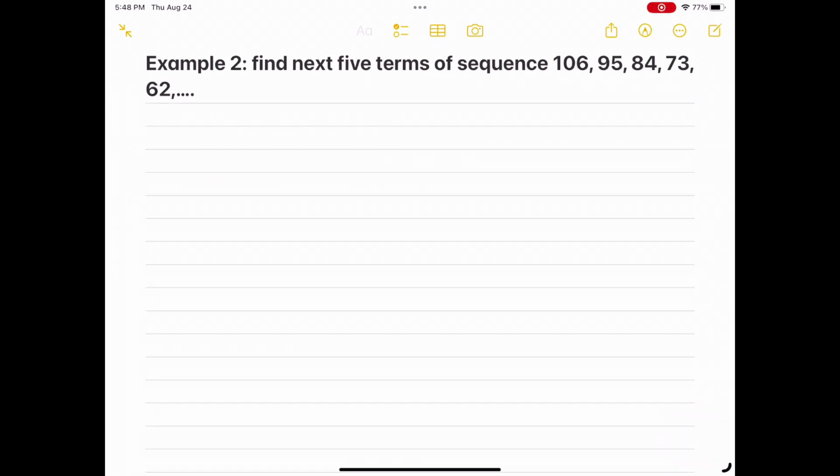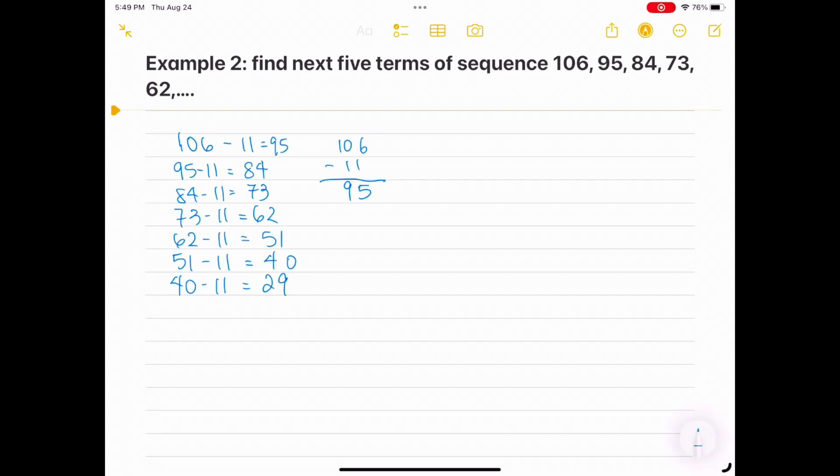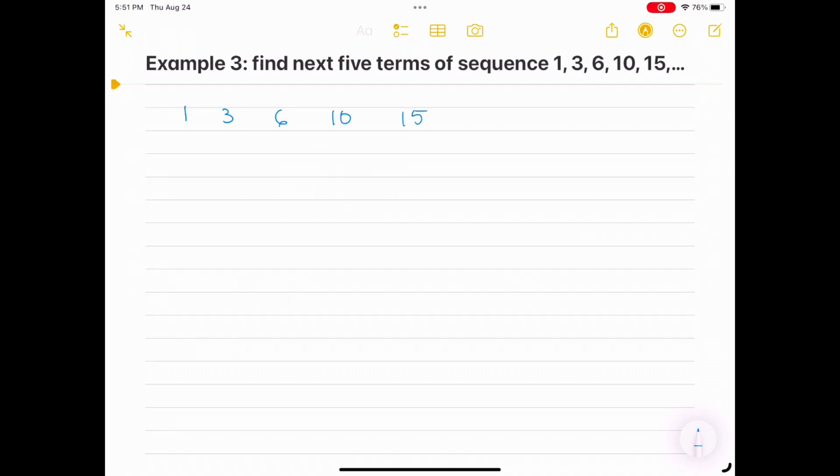Find the next 5 terms of sequence 106, 95, 84, 73, 62. The terms decrease by 11 and the differences are constant. So the next 5 terms are 51, 40, 29, 18, and 7.